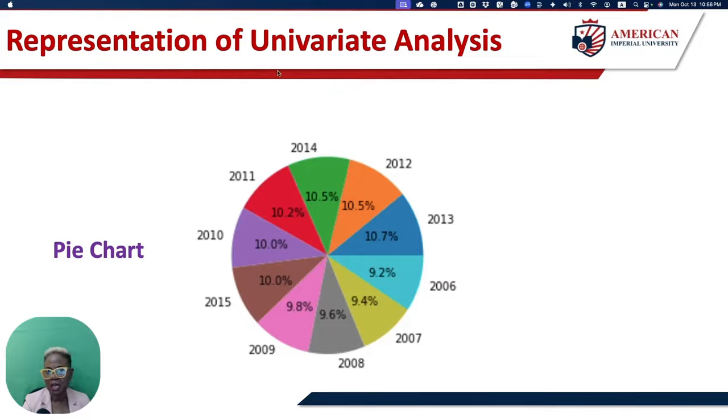So for example, the sales percentages for each year are represented here, and we can see that there is relatively a uniform type of distribution for each year, with 2013 having the highest measure, but all of the others are close to that value.